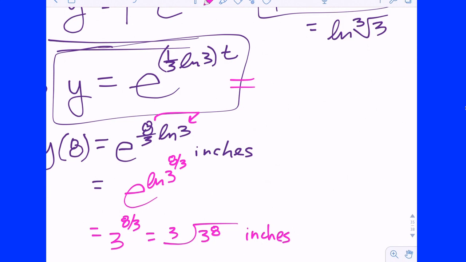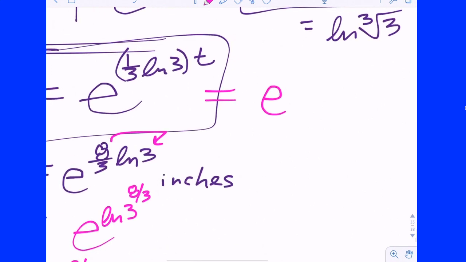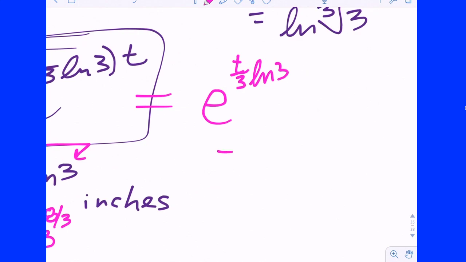So once you set it up in the e equation, if you have to use it repeatedly, you could actually simplify the equation like we did the number down here. You'd have to do a little bit of manipulating. You'd have to bring the t over with the 1/3 and call it e to the t/3 times the natural log of 3. And now you could bring the t/3 up and call it e to the natural log of 3 to the t/3 power.